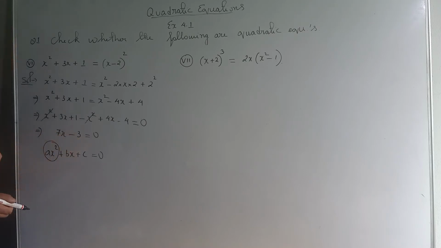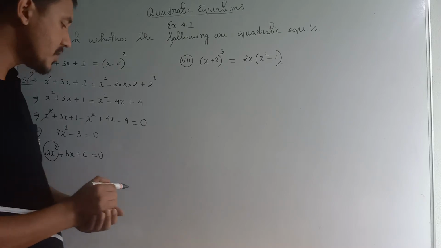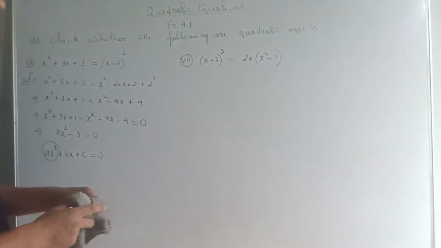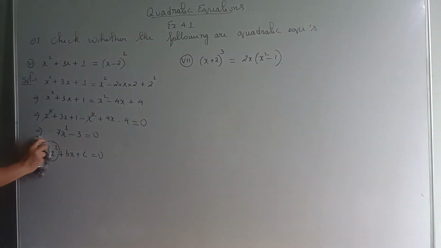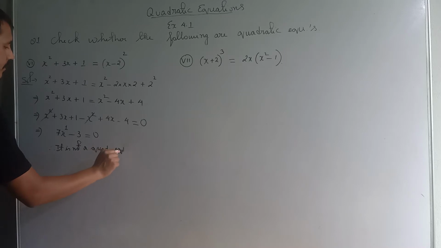Since the highest power of the variable is 1 only, this is not a quadratic equation, instead it is a linear equation. Because the highest power of the variable is 1, the order is 1. Therefore, it is not a quadratic equation.